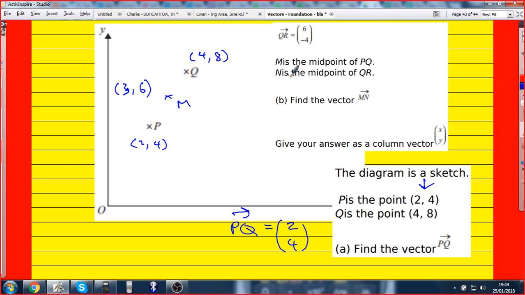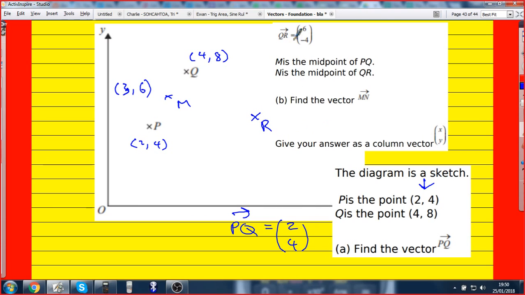What is the coordinate of N? QR. But where's R? Sorry, there's no N. R, I should have said, sorry.